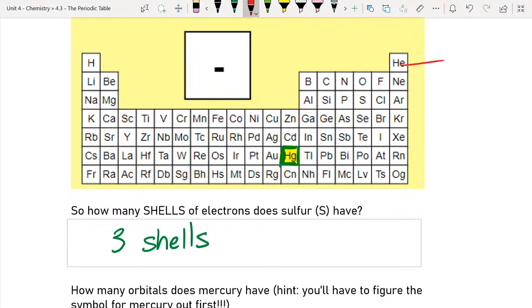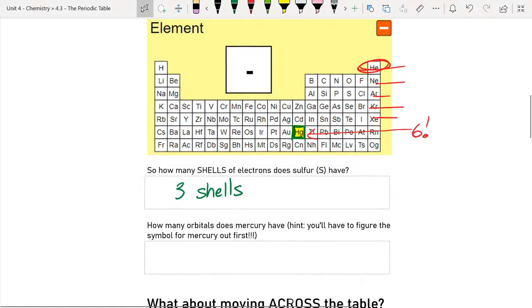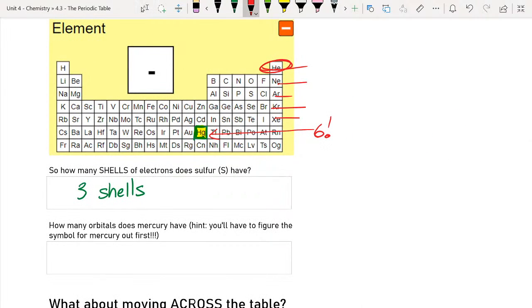All right, let's take a look. 1 shell, 2 shell, 3 shell, 4 shell, 5 shell. Oh, I think you missed this one. It is actually in row 6. But that's okay. Listen, if I had $1 for every time I miscounted, I'd have many, many dollars. You done good. Nice. Good work.